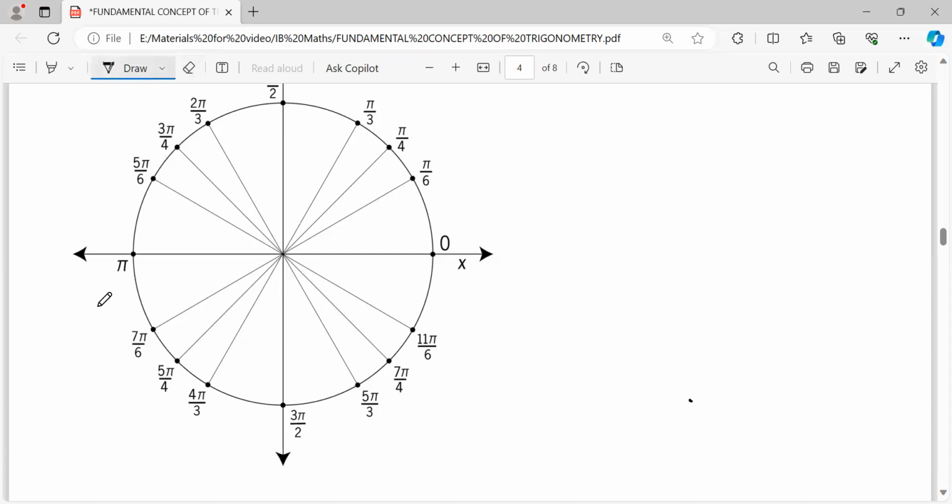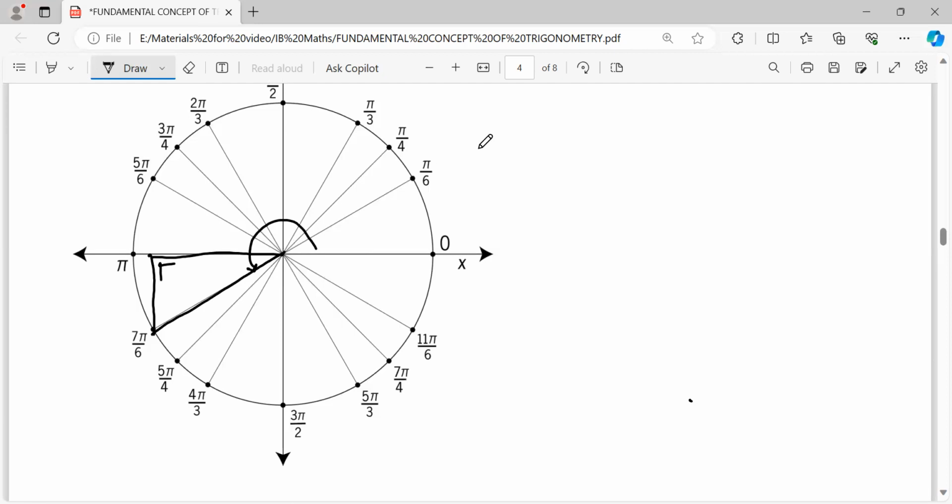I'm going to create the triangle. Actually, this is the angle. We are going to determine the values.